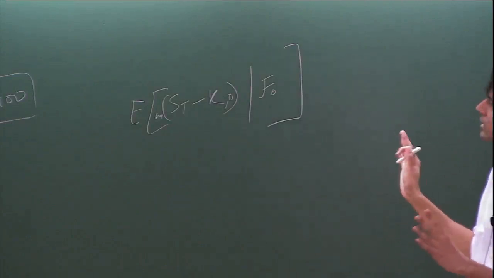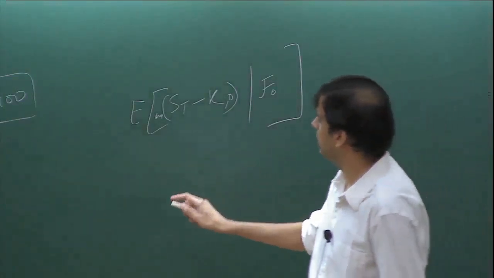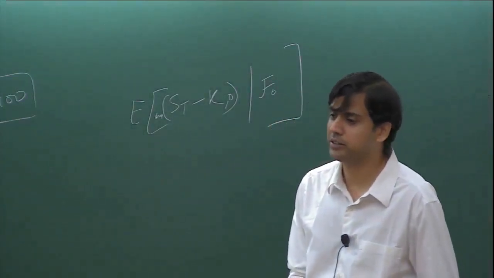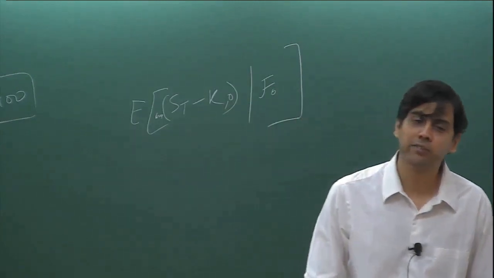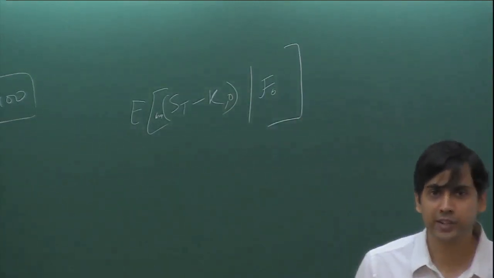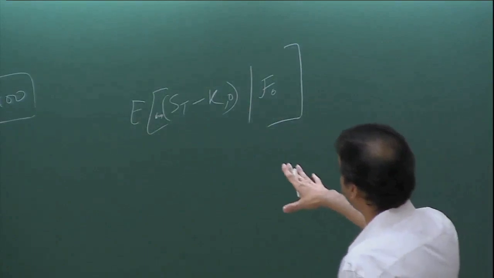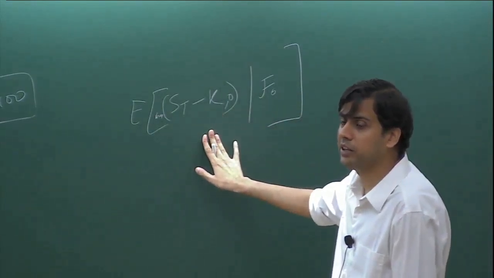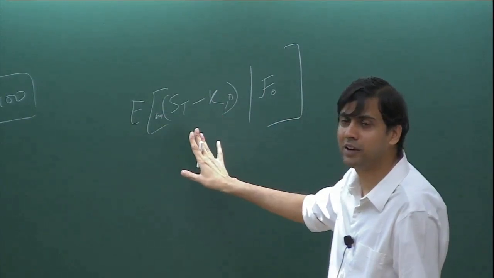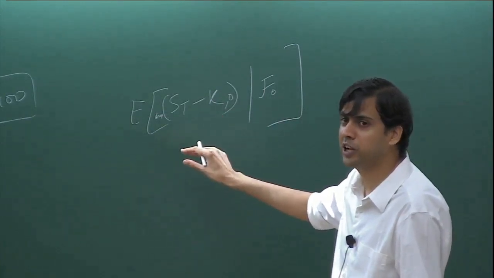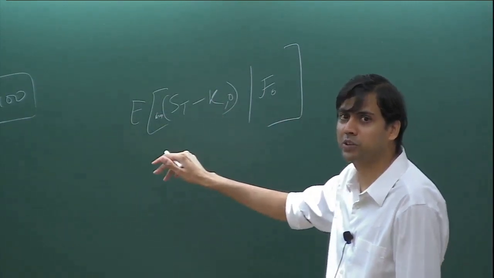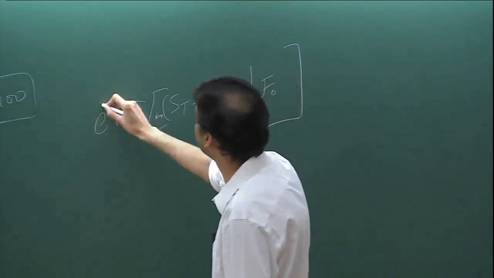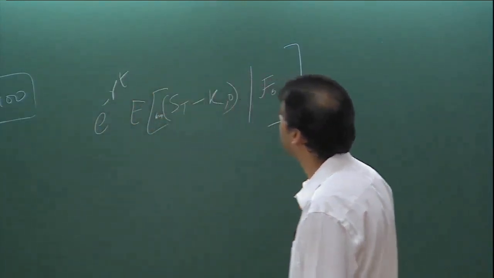And what we had established from the Black-Scholes world is that you can always hedge your option to make it risk-free. So if you can get the expected payoff at capital T, the option price today would be its discounted value, where you discount it using the risk-free rate, so e raised to power minus RT.